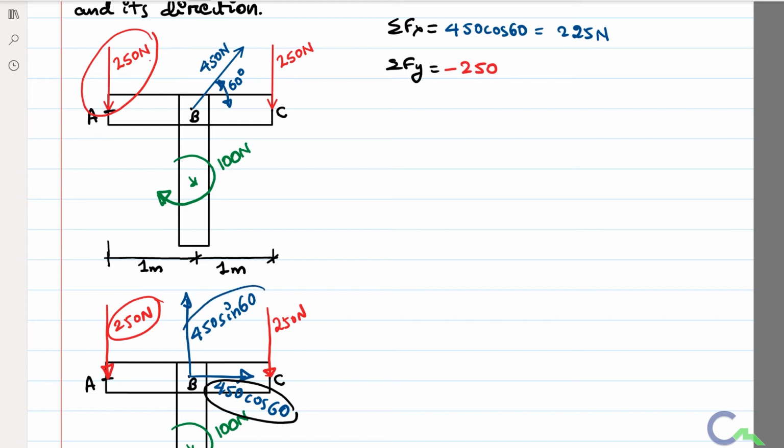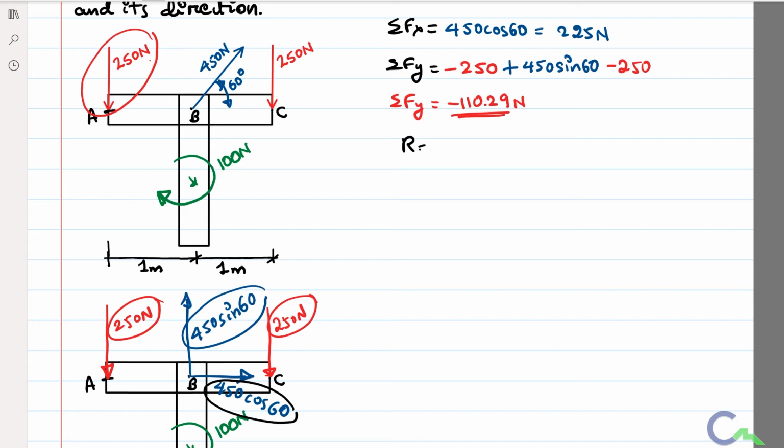Then we have vertical component of this 450 Newton force that is acting upward, that is plus 450 sin 60. Then we have one more force, that is 250 acting downward, therefore minus. So sigma Fy we will get minus 110.29 Newton.